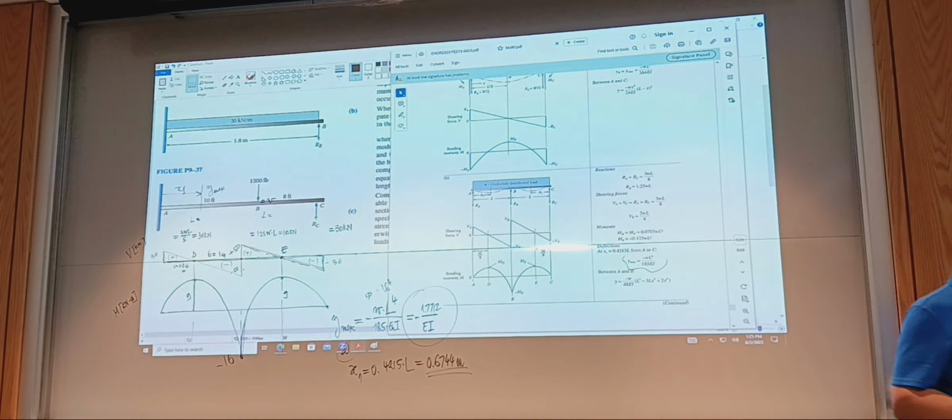Was it clear? So straight from the loading pattern. Actually, no, where I'm at, I need to bring this to where it matches my notation. Kind of.